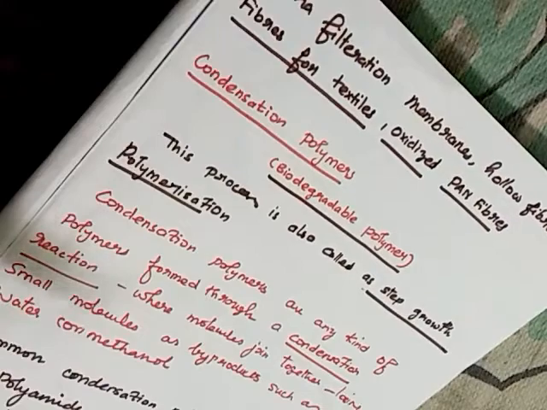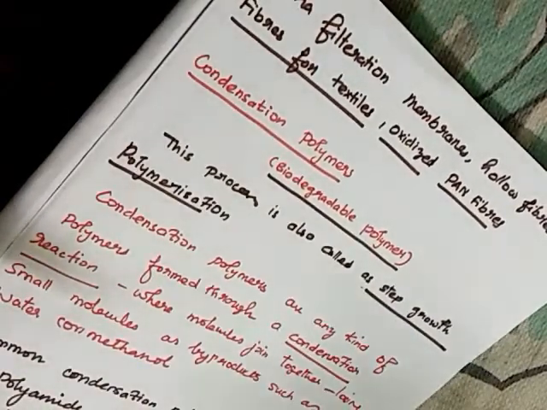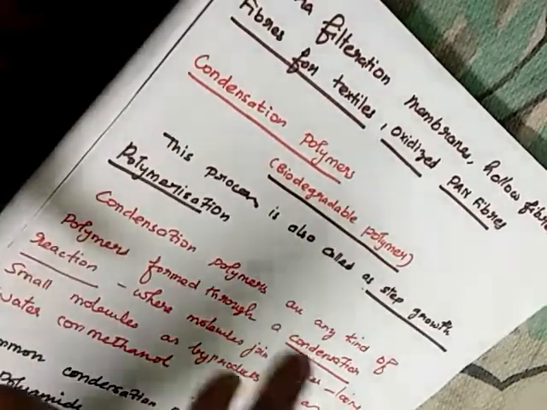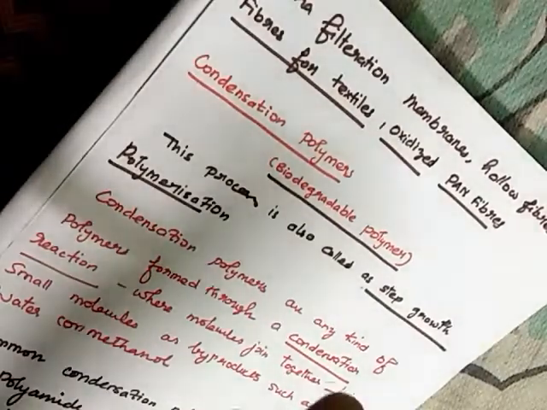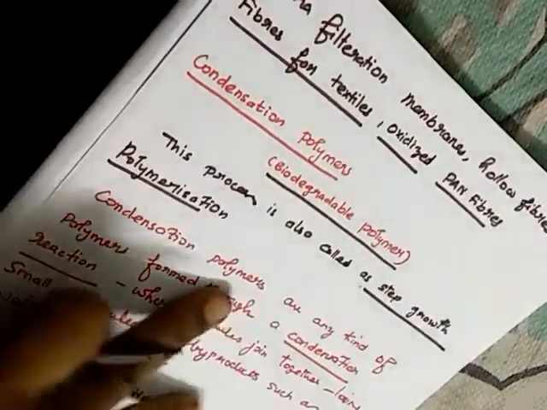In the polymer, the bond is CF2 single bond CF2, n times, which is nothing but Teflon. Another one we have seen is Orlon. The previous one is Teflon, the second one is Orlon. Orlon, in short form, we can call it PAN.